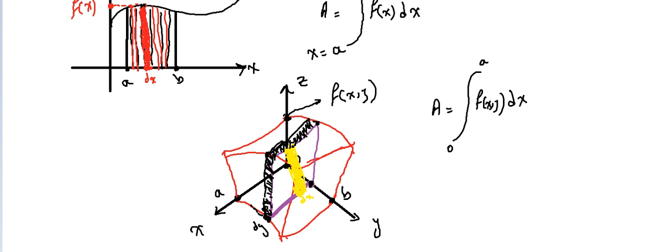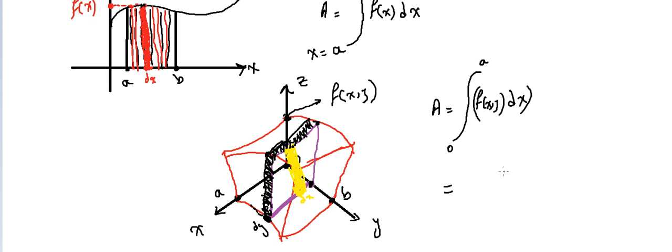We have volume, which is the same as we did over here: f of xy times dx, which is the integral of this from 0 to a, gives me all the paper, multiplied by the third dimension I got, which is dy. Let me do it down here, because it will not be area.